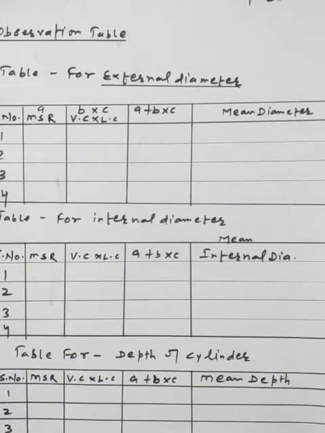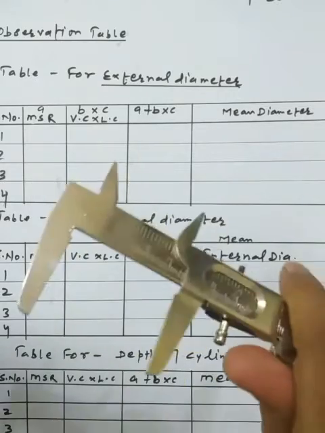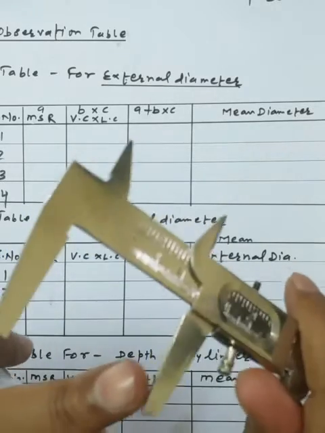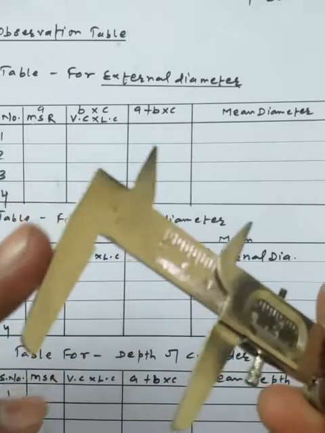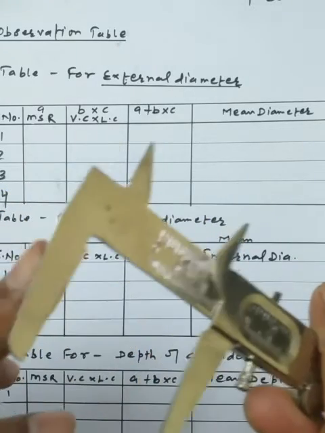This is the basic table, and I am putting the values of the readings in it, showing how we find the external diameter with the help of the vernier calipers. We know these are the external jaws, and these upper jaws are called the internal jaws. Today we will use both of them one by one.